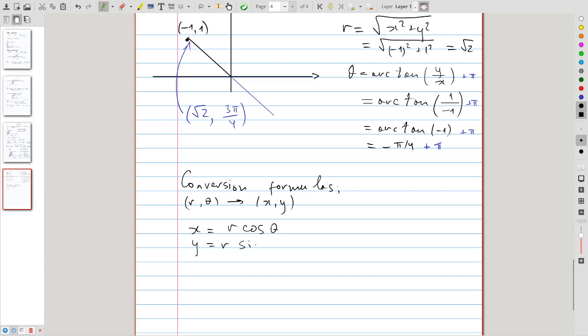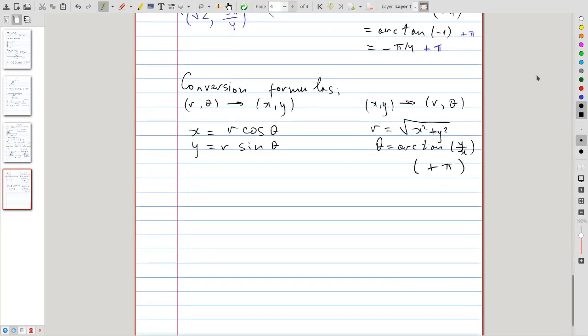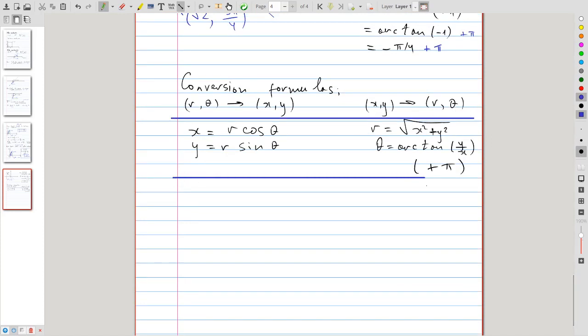And in the opposite direction, going from Cartesian coordinates to polar coordinates, the formulas are as follows. r is the square root of x squared plus y squared, and theta is the inverse tangent of y over x plus possibly pi, depending on the quadrant. And so these are the conversion formulas to be used whenever you have to go between polar and Cartesian coordinates.